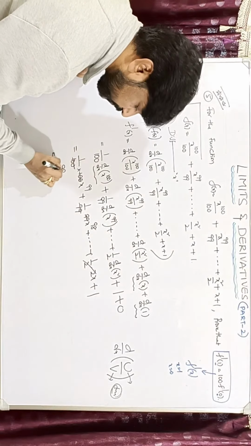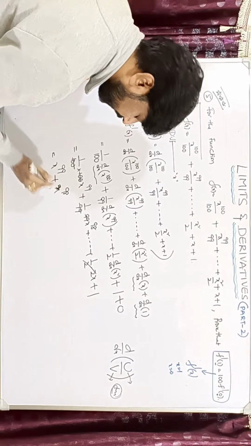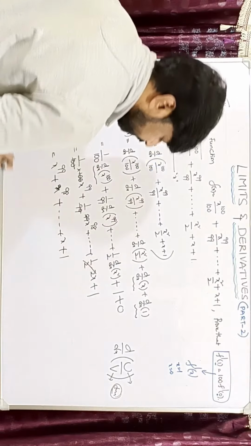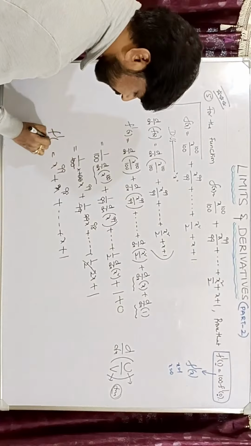It remains x power 99 plus x power 98, plus so on, plus x plus 1. This is f dash of x.